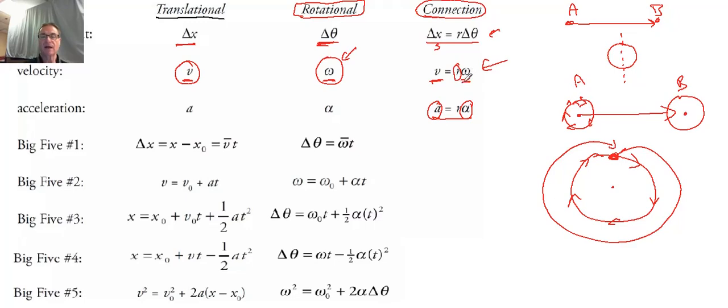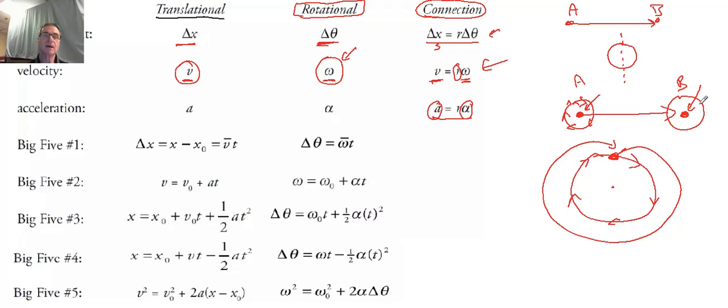If I know the angular velocity and I know the radius, it's very easy to get the linear velocity of that point. Also, if I want to know how fast my wheel is traveling, say from point A to point B, that would also be the linear velocity from this point to this point, if I know the angular velocity of the wheel. So there's a lot of back and forth, and there's a lot of things that we can figure out.